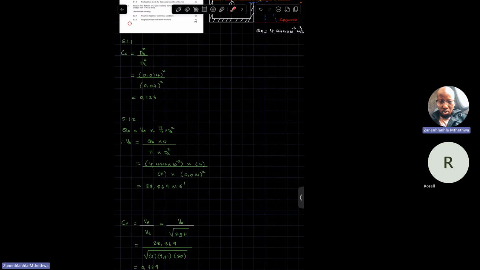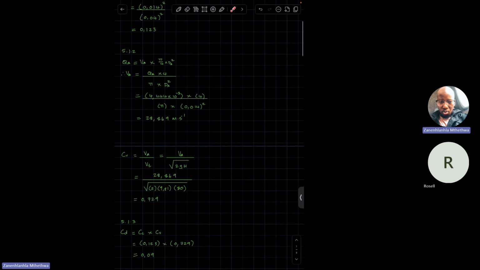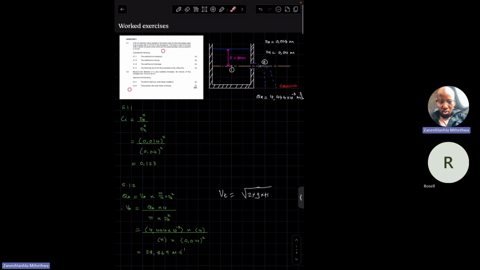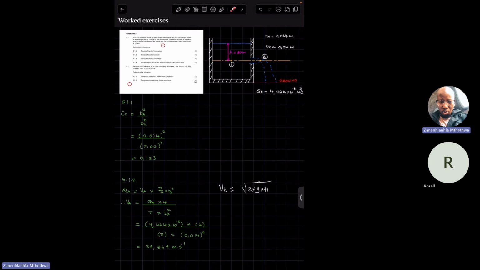So after having calculated VA, now you have to calculate the theoretical velocity. Instead of calculating this separately, I simply replaced VT with its formula. To calculate VT, the theoretical velocity, the formula is the square root of 2 times g times the constant pressure head, which is this one.